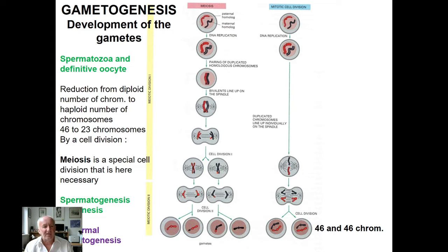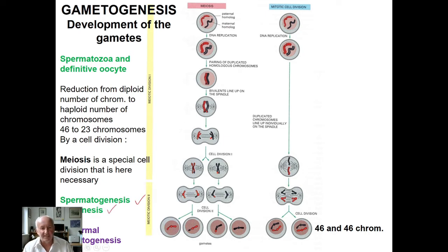The spermatozoa are developing in the testis, in the seminiferous tubules. Oocytes are developing in the ovaries, in growing and developing follicles. There is a big difference between the development of spermatozoa, spermatogenesis, and of an oocyte, oogenesis.